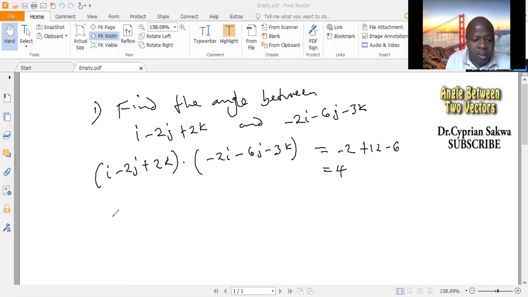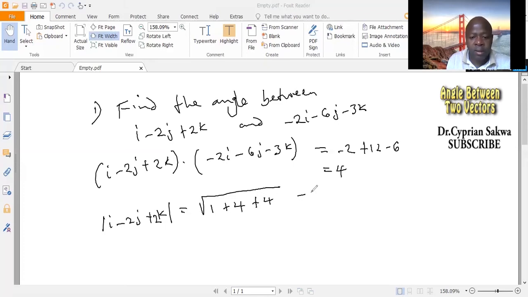The next thing is to get the magnitudes. The magnitude of i minus 2j plus 2k: we remember our formula for the magnitude, 1 squared, and negative 2 squared, which is 4, and 2 squared again, that would be 4, so the square root of 9 is 3.